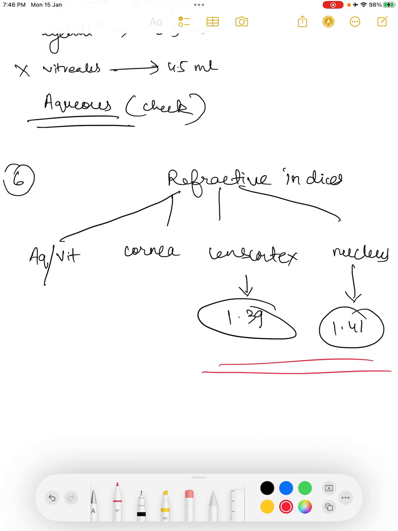Mug this up, because nobody is going to ask you about cornea. It is just 1.37, sorry, my mistake. Aqueous and vitreous is 1.33.